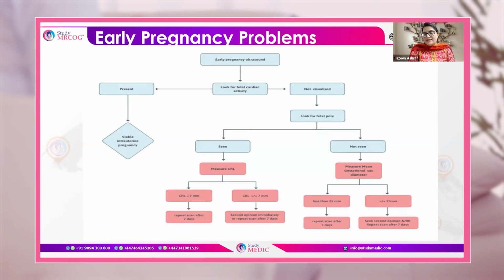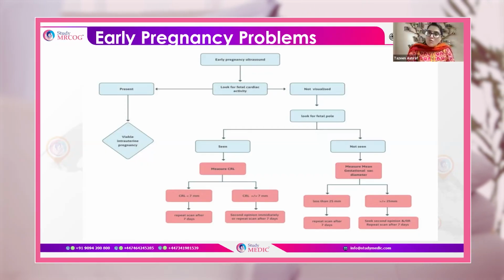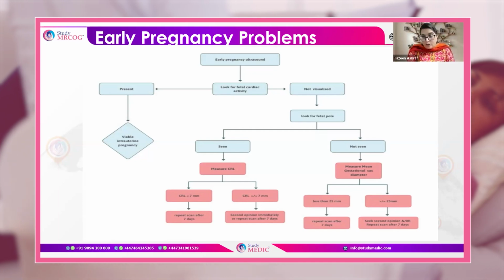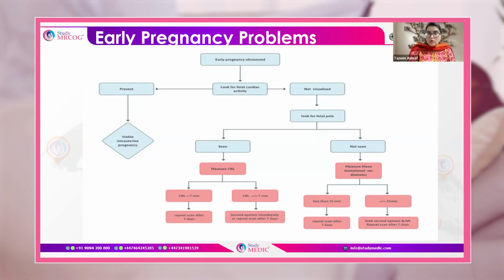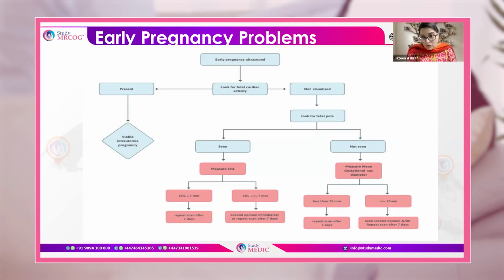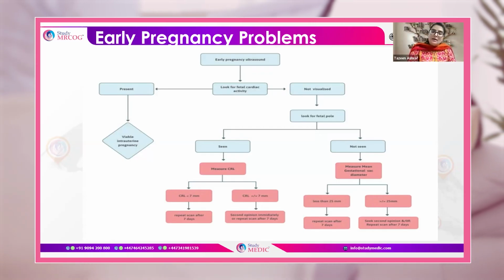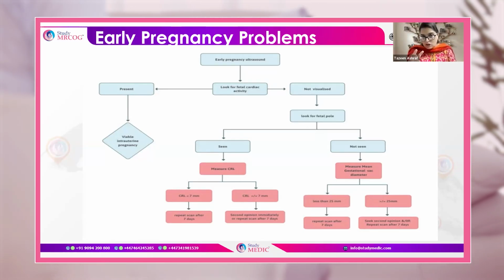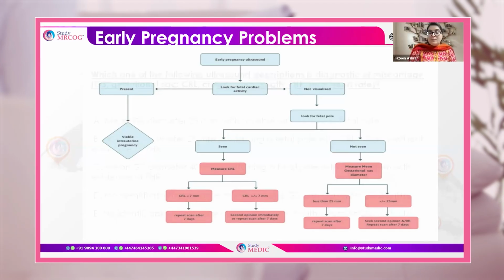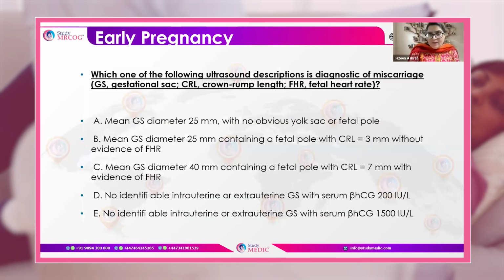If, however, it is equal to 25 or more than 25, but no fetal pole is there, then we need to seek a second opinion to give the patient the benefit of doubt, and then this can be labeled as miscarriage. But always remember that two sonologist opinions are needed to label the patient as miscarriage.